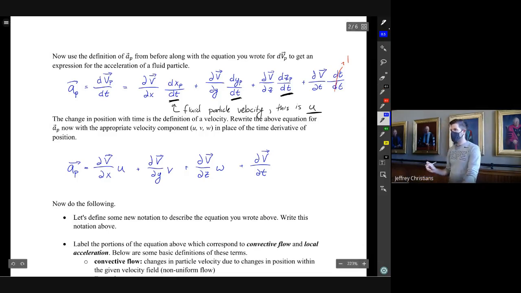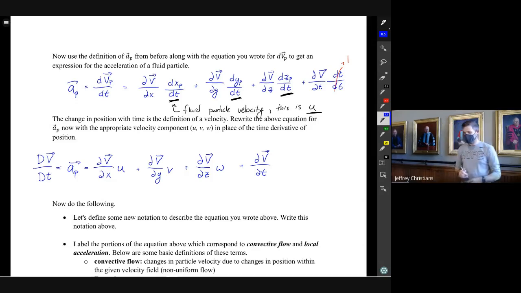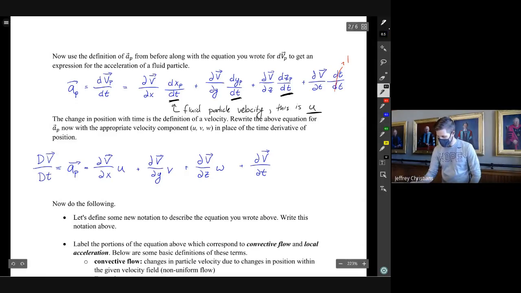We're going to define this kind of weird notation, and we'll talk about it in a second, but we'll write this as capital D V dt. Just live with the weird notation for right now. If you look at the right-hand side of the equation, the dv dx u, dv dy v, there are clearly two different things. So there's this whole first part, which we call convective.